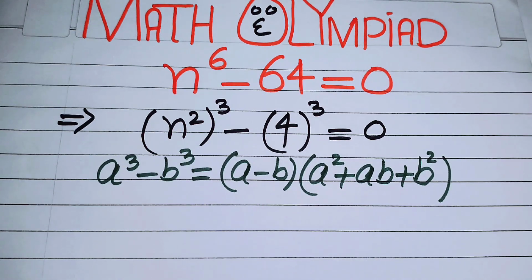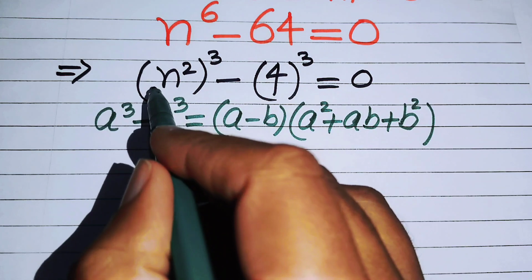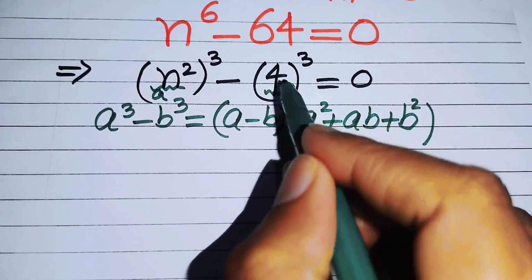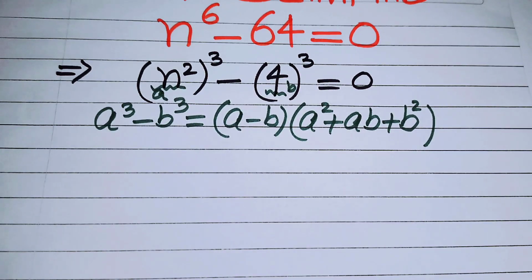After this step we will use this nice formula. Here this is the value of a and this is the value of b. Now we put the values of a and b in this formula, and we will get its output in this form.